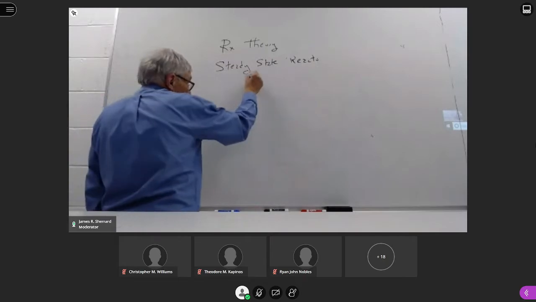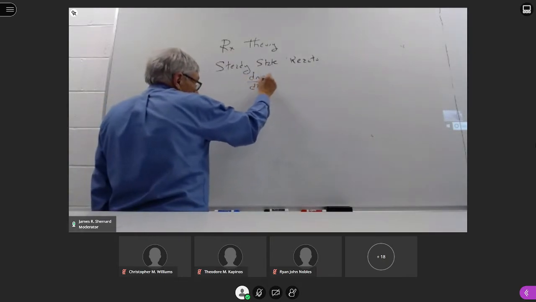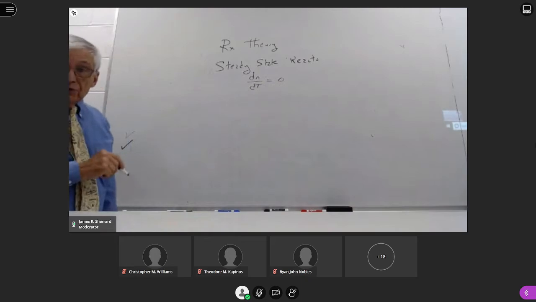And we know that implies that the rate of change of the neutron population with respect to time is exactly equal to 0.